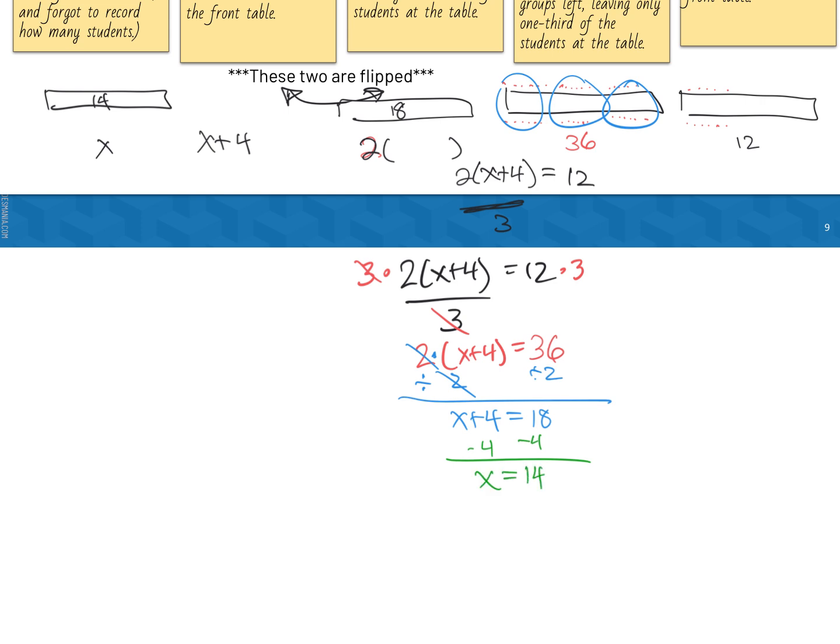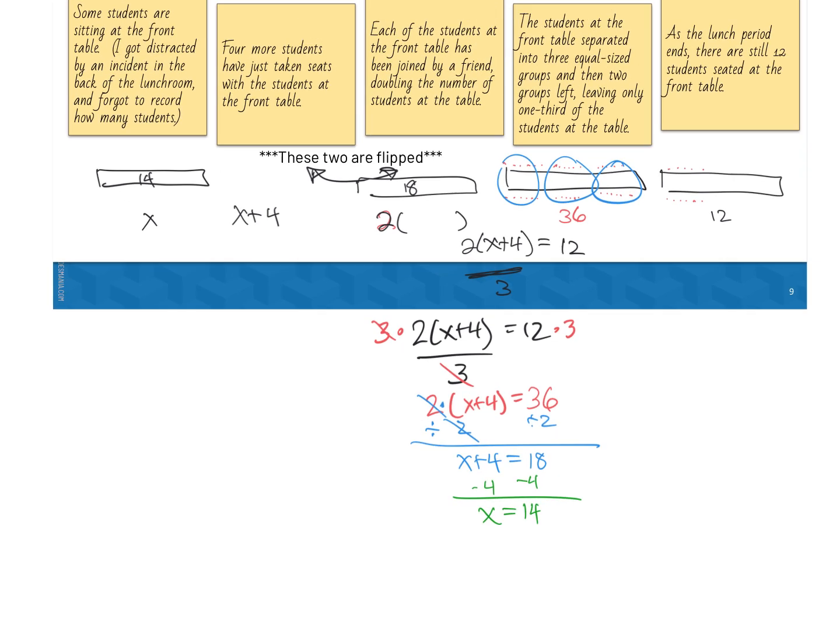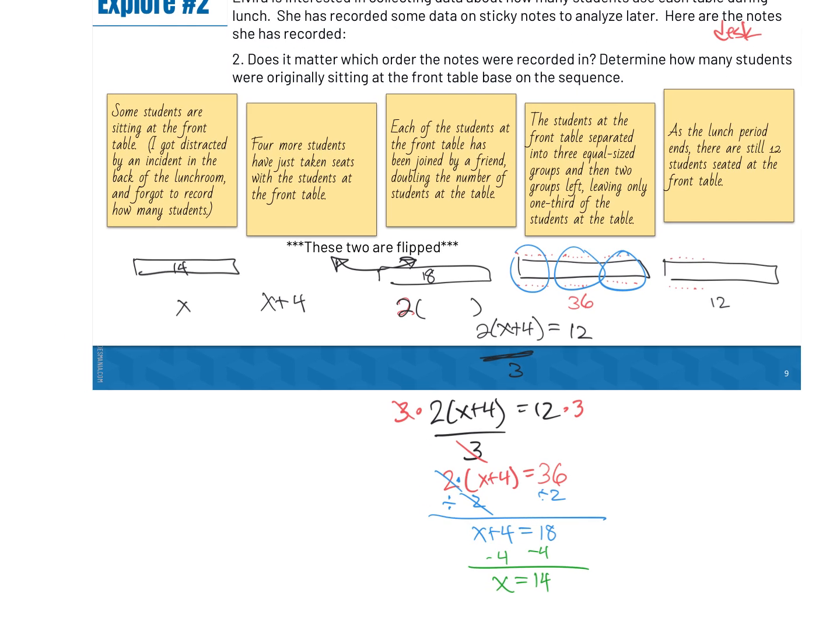So there are 2 different ways of solving this. One is algebraically, and the other is working with the sticky notes and working backwards with what the sticky note is actually saying. Notice how we go from 12 to 36. We had the 3 groups and 2 left. Here's the 36, so then we need to get rid of the 2.